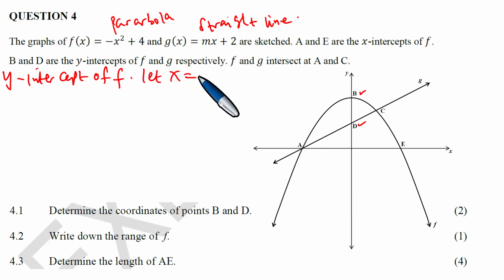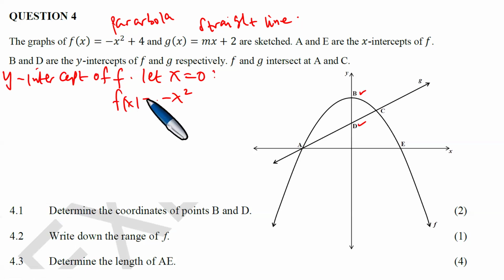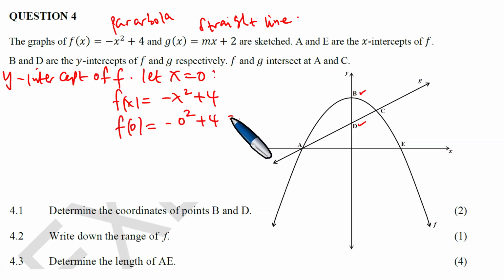You let x be equal to 0. So f of x equals minus x squared plus 4, and when x is 0 we have f of 0, which is minus 0 squared plus 4. Minus 0 squared is 0, giving us 4.